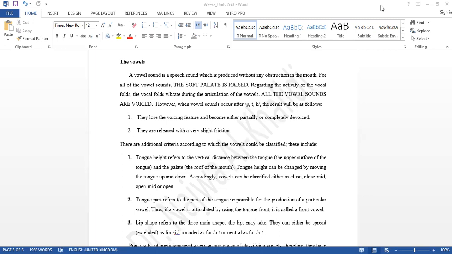So sometimes it could be very close to the palate to produce vowels like e, or it could be very close to the floor of the mouth at the bottom to produce a fully open vowel like ah.